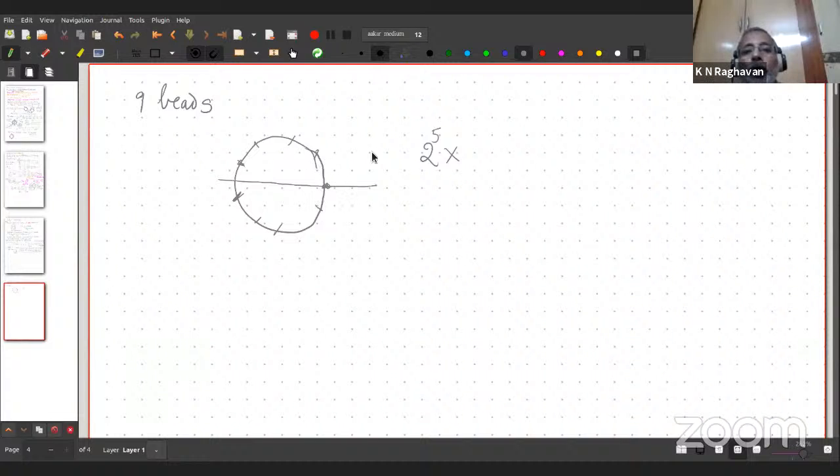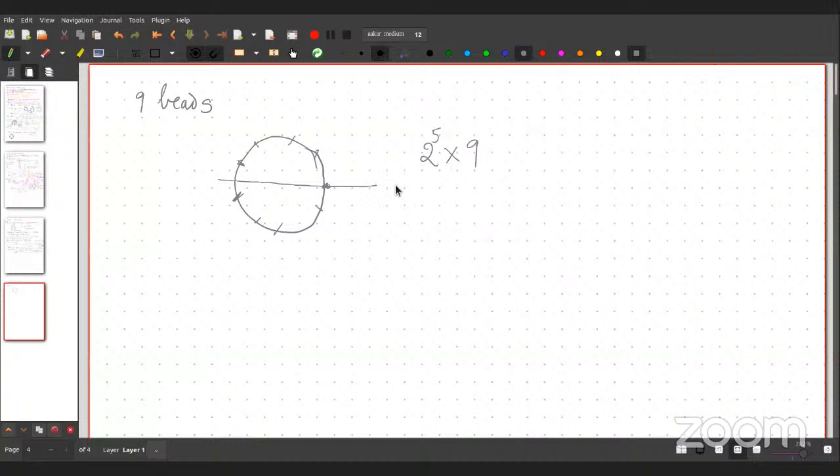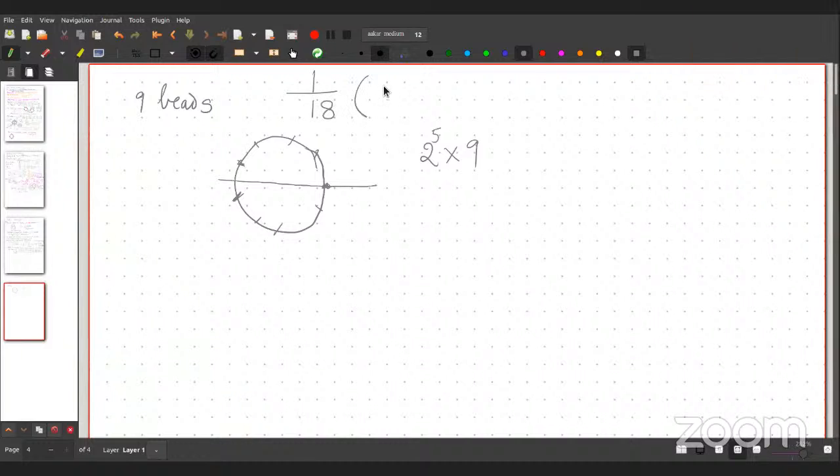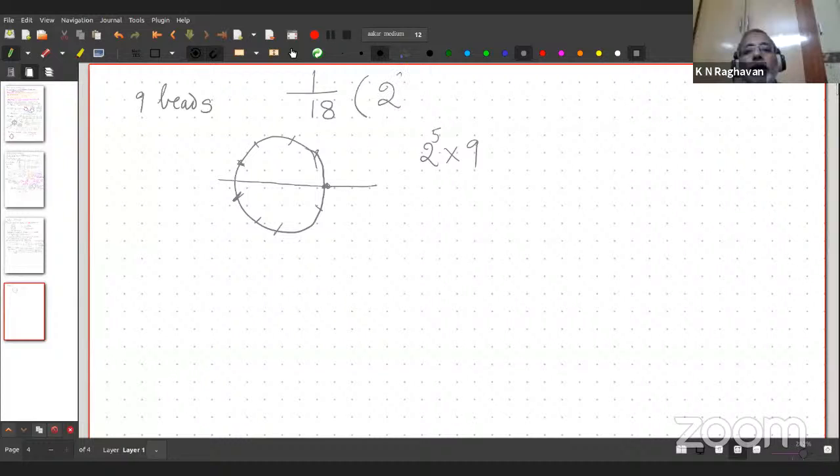There are 9 reflections, so you will get this for the 9 reflections. Okay, so your calculation will be like this: 1 over 18, right? And for the identity, 2 power 9. Yes, I have written that.